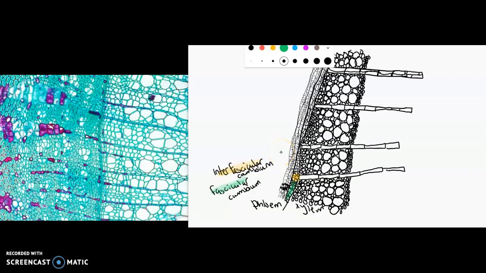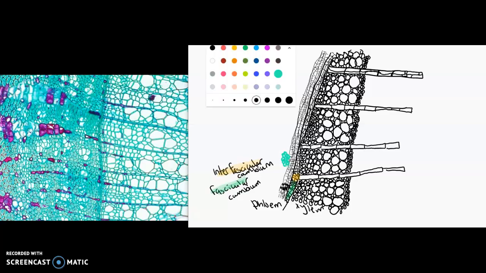In the phloem as well, what we're going to have is a series of fibers, and those fibers, just like we've seen before, are very thick-walled, so that there's hardly any space in the lumen. And in this case, they're going to be patchily distributed in that phloem area.